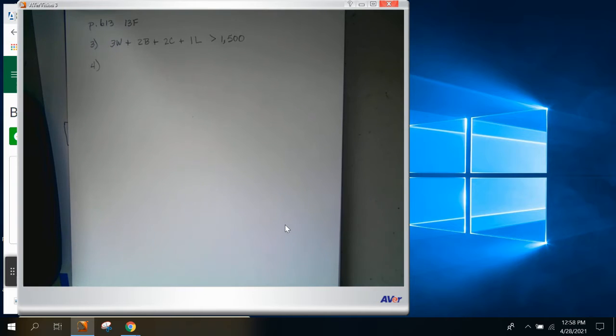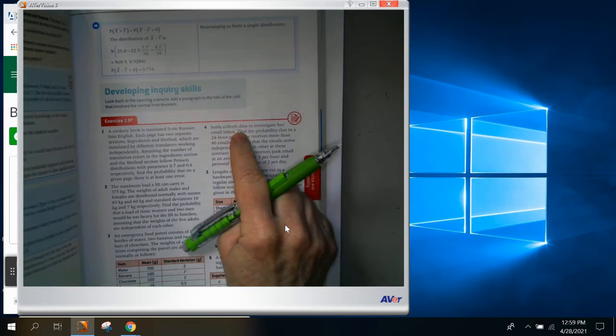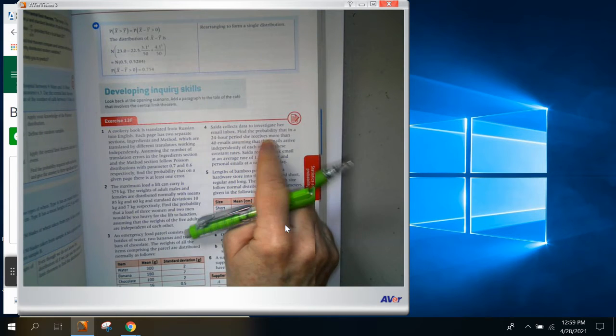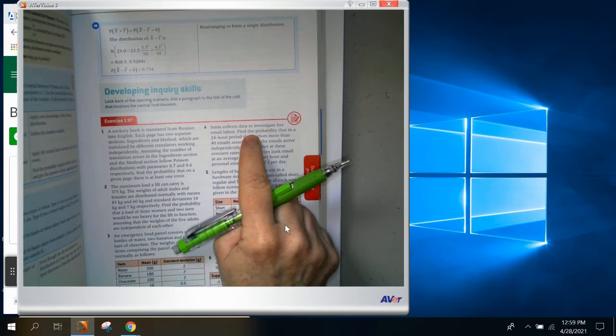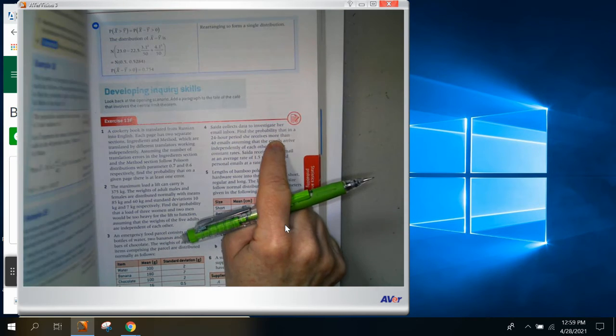All right, so I'm going to move on to problem number 4. Problem number 4, we have a Poisson distribution. Let's take a look at this. Saida collects data to investigate her email. Find the probability that in a 24-hour period she receives more than 40 emails.